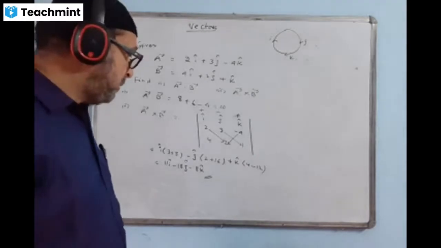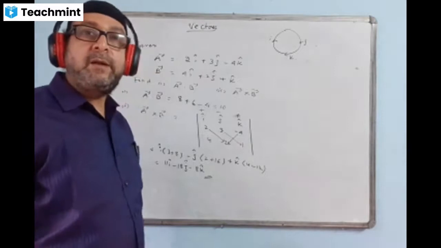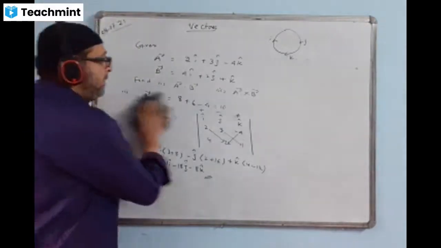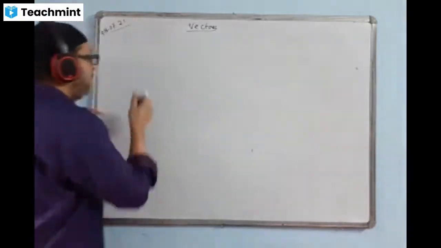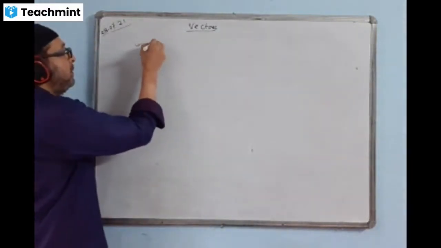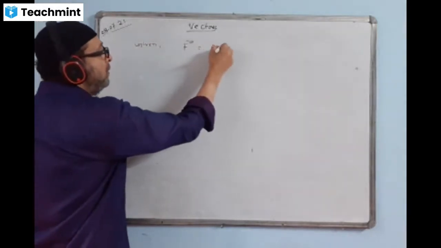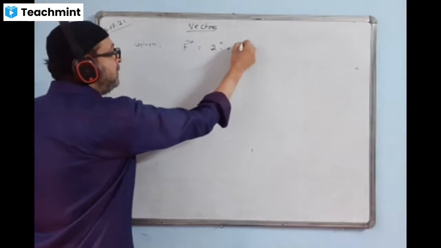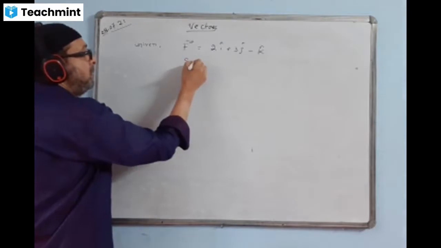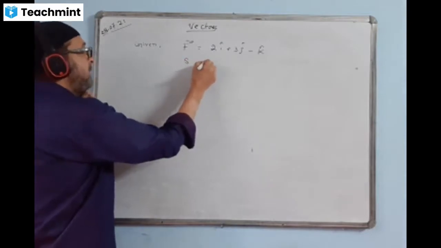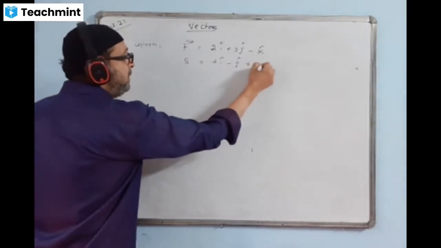Okay. So now I give a question. Today you try it, and then let me know whether you are able to get them or not. Given force is equal to 2i plus 3j minus k, x is equal to 4i minus j plus 3k.